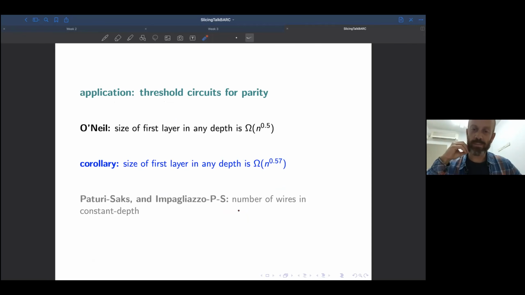So actually the number of wires in the circuit is at least n squared over log squared the magnitude of the coefficients. This is what they proved. It's a very, very nice proof. They use approximation using rational functions in a very nice way.